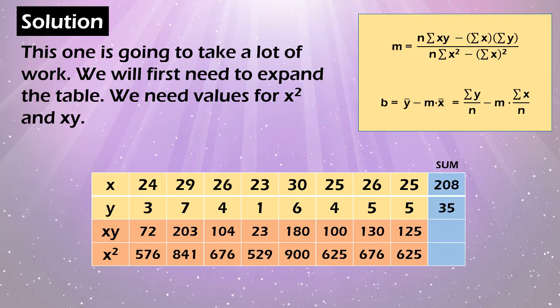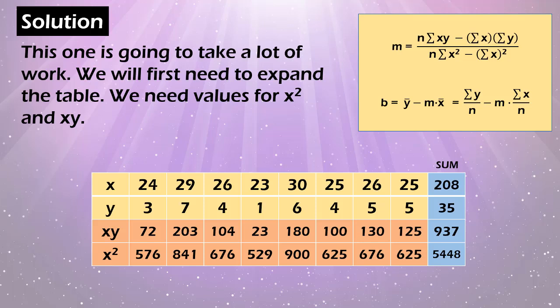For the xy row, 72 plus 203 plus 104 plus 23 plus 180 plus 100 plus 130 plus 125 is 937. And for the x squared row, 576 plus 841 plus 676 plus 529 plus 900 plus 625 plus 676 plus 625 is 5,448.